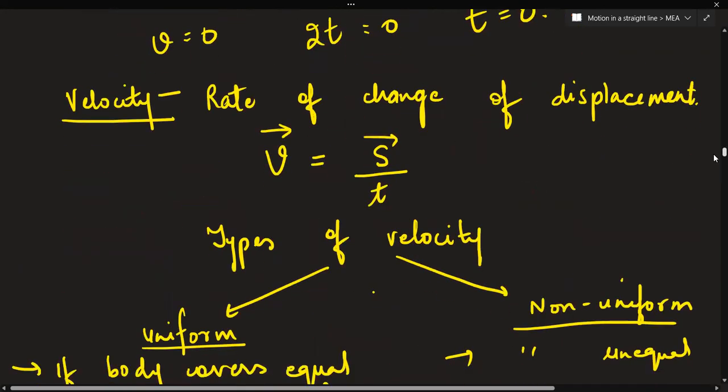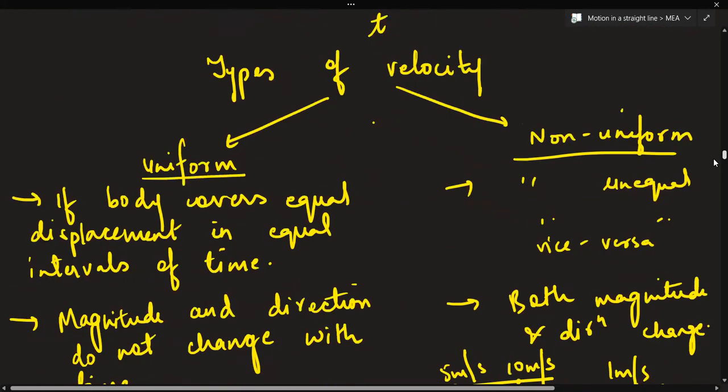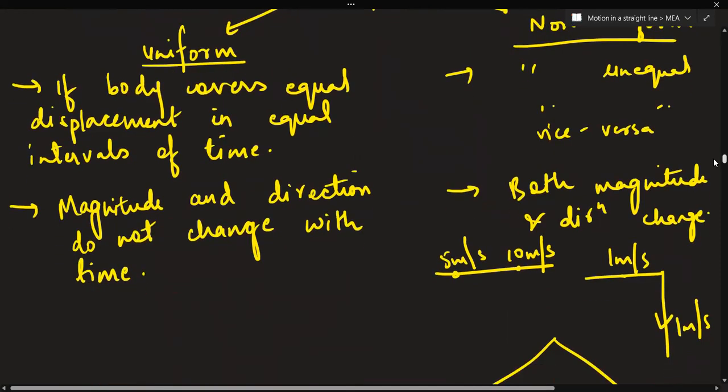Velocity is the rate of change of displacement. Types will be uniform, non-uniform. Uniform: equal displacement covered in equal intervals of time. Non-uniform: unequal displacement covered in unequal intervals of time, or equal displacement covered in unequal intervals of time. This is exactly similar to what you've studied for speed, but there's a minute difference because of direction. It can happen that only magnitude is changing, direction is not changing.